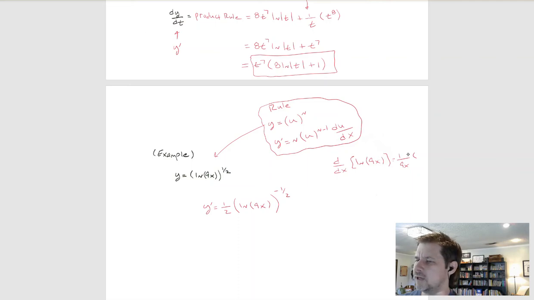What's the derivative of 9x? It's 9. Okay, so 1 over 9x times 9, but I got 9 over 9, so it's 1 over x. So the derivative of natural log of 9x by itself is 1 over u times u prime, okay? That's what our rule set up there. Now, that all reduces to just 1 over x. So then I get this times 1 over x.